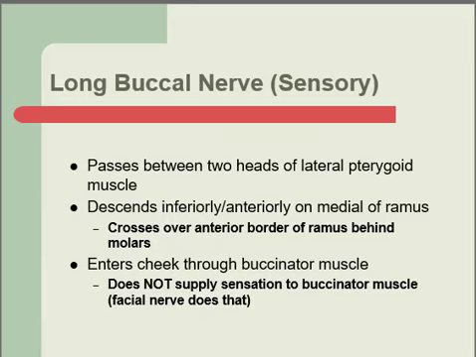And the long buccal, the sensory branch of the anterior division. The long buccal itself passes between the 2 heads of the lateral pterygoid muscle. So let's go back. 2 heads of lateral pterygoid: we have a superior head and an inferior head. The superior head attaches to the disc.